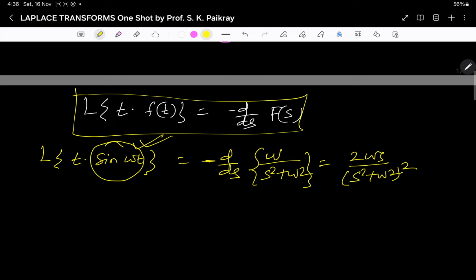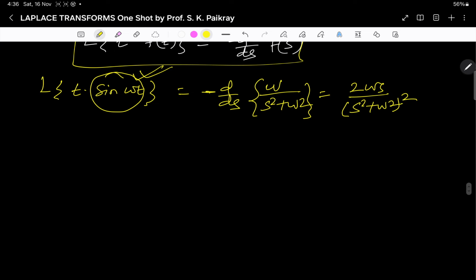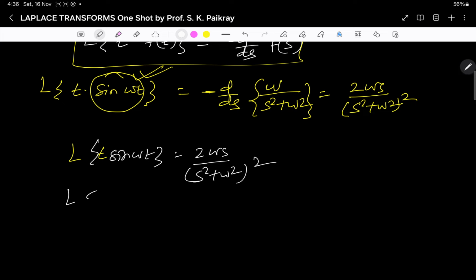Now on this basis, I just remind you all these formulas. Laplace transformation of t sin omega t is 2 omega s by s square plus omega square whole square. Similarly, Laplace transformation of t cos omega t will be s square minus omega square by s square plus omega square whole square.